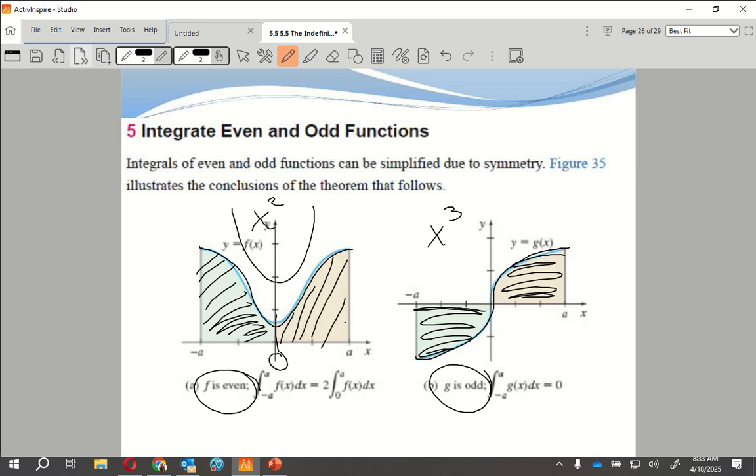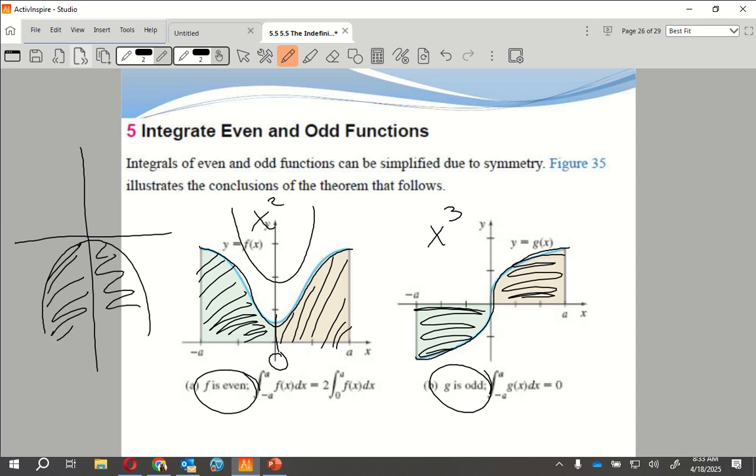So it would be symmetrical, even if my parabola was going upside down. Okay, like this. So if it was going like this, it would be all negative, so it would be 2 times whatever one of the symmetrical sides is.